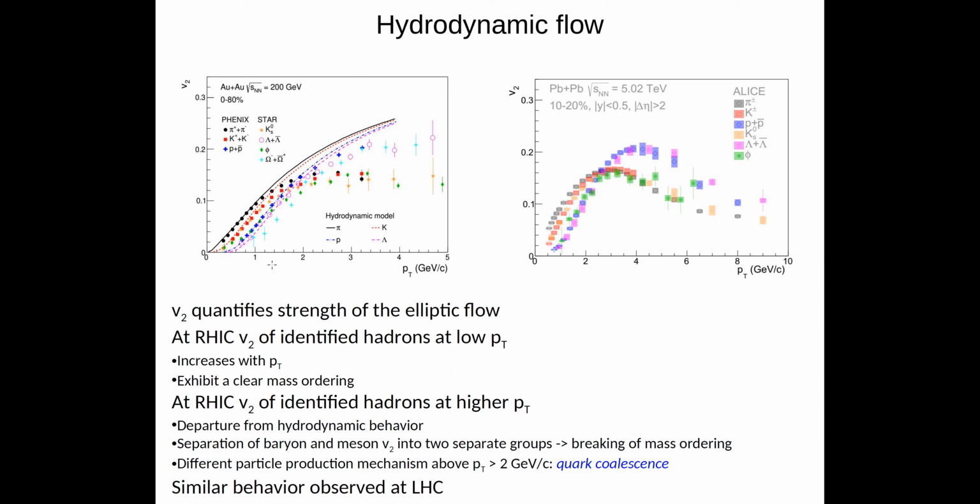This is valid for particles up to some pT of the order of 2 to 3 GeV. Beyond that, this hydrodynamic mass ordering breaks, and a different particle production mechanism comes into play. This is known as quark coalescence. And this similar behavior of V2, like at low pT you see hydrodynamic mass ordering, and at high pT this mass ordering gets broken and you see baryon-meson crossing.